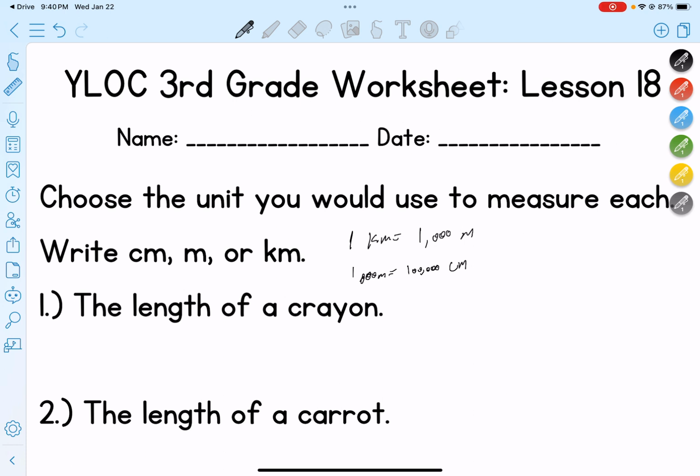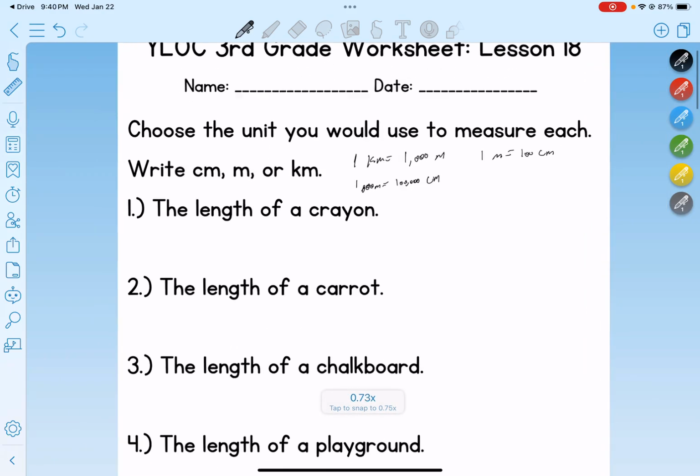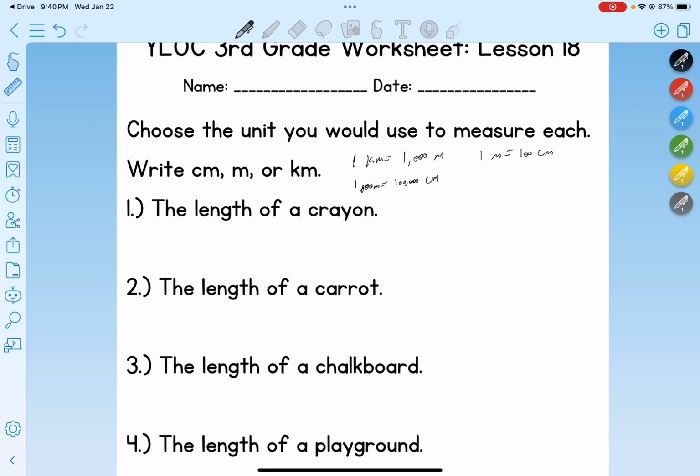This means that 1 meter is 100 centimeters. Okay, so we have that calculation down.